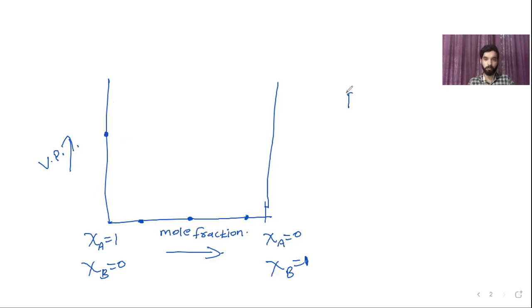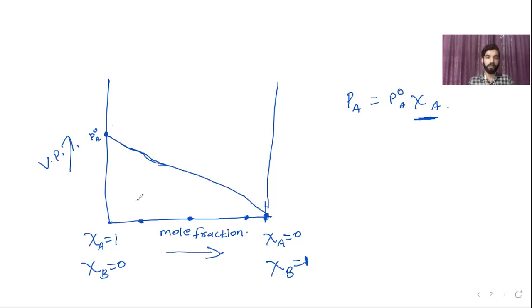We know by Raoult's law, Pa equals P naught A into chi A. Here there are only molecules of A, so the mole fraction of A is 1, and Pa is P naught A itself. Then at the right extreme, chi A is 0, so Pa is 0. From left to right it is decreasing because the mole fraction of A is decreasing, and it will look like this.